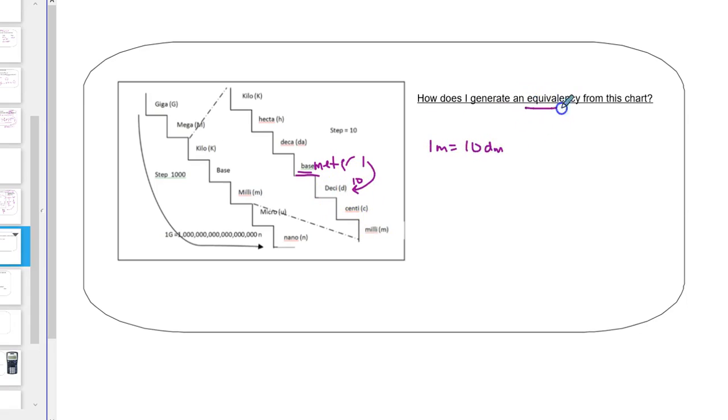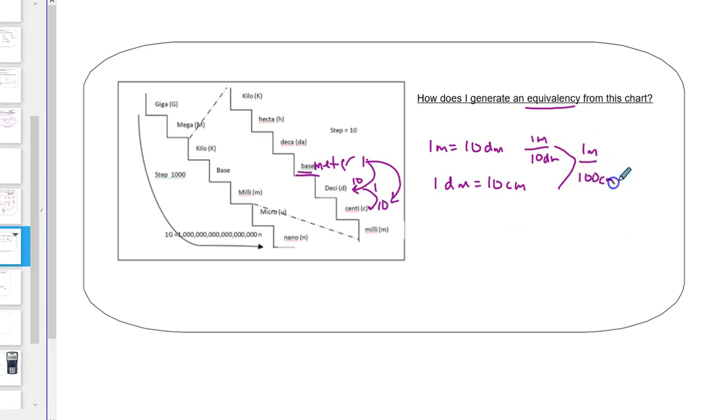Now I'm creating equivalencies here. This equals that. I could put it as 1 meter over 10 decimeters, and they're the same. In this situation, 1 decimeter equals 10 centimeters. You should realize now that 1 meter equals 100 centimeters.